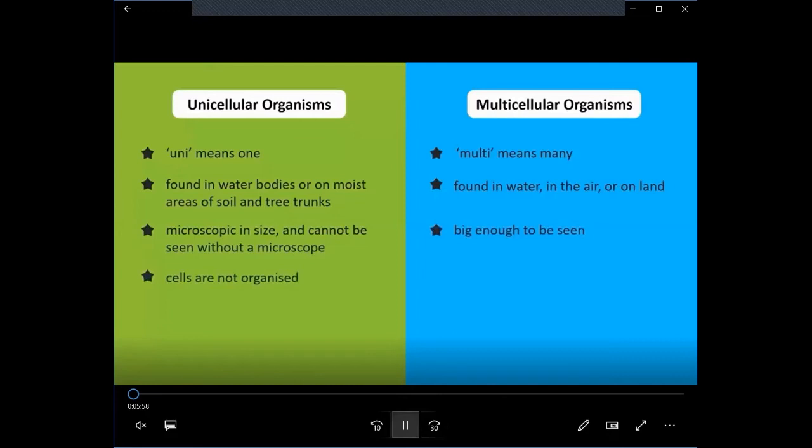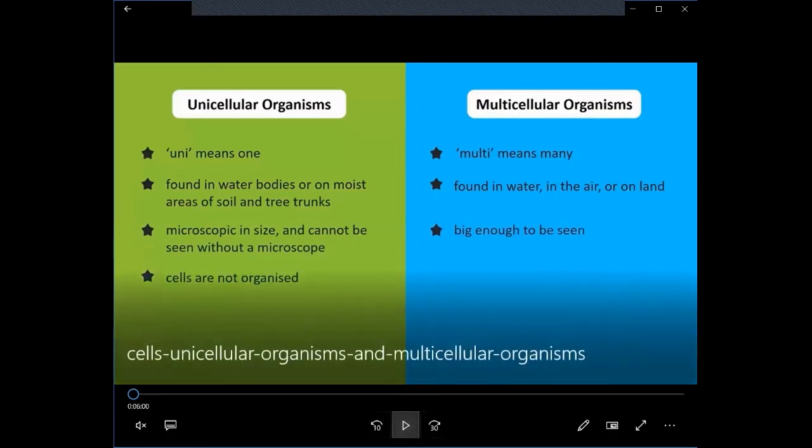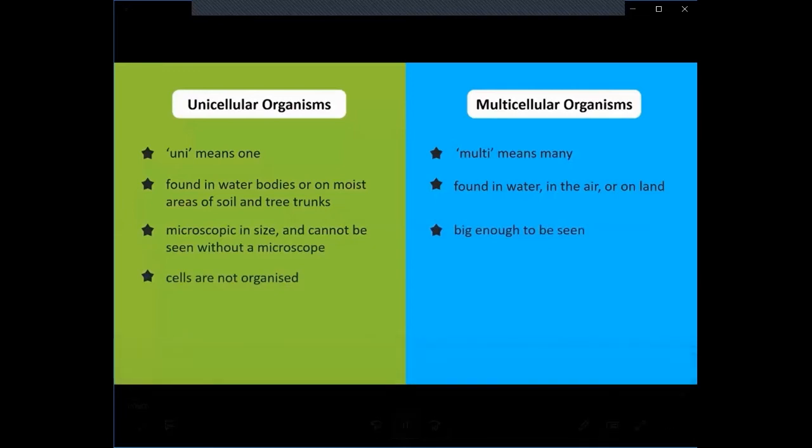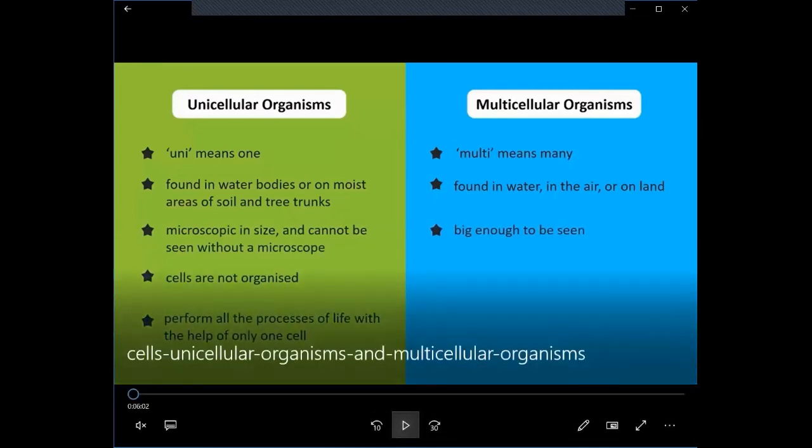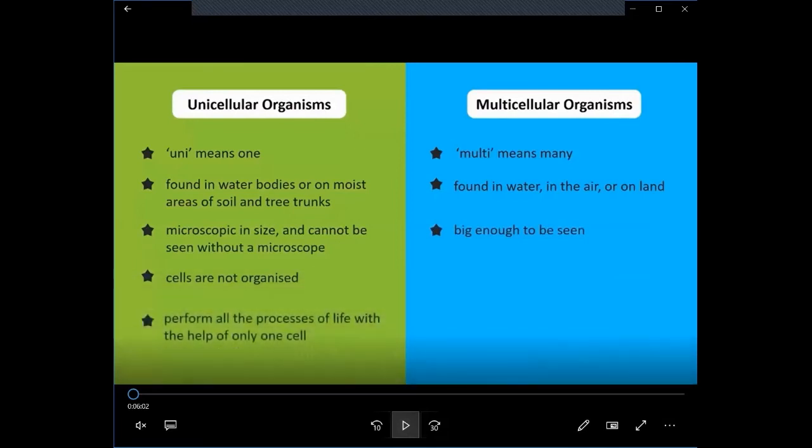I can see you. In unicellular organisms, the cells are not organized. They perform all the processes of life with the help of only one cell. What are those processes of life?